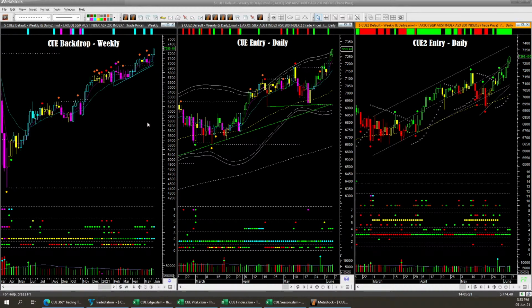Let's look at the Australian market and also the other instruments later using this 3 chart template from now onward. Australian index is in an uptrend.